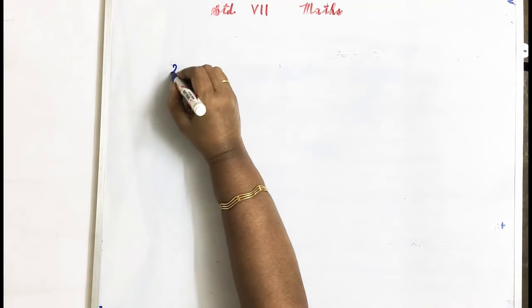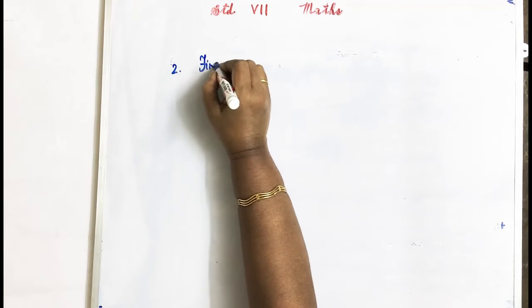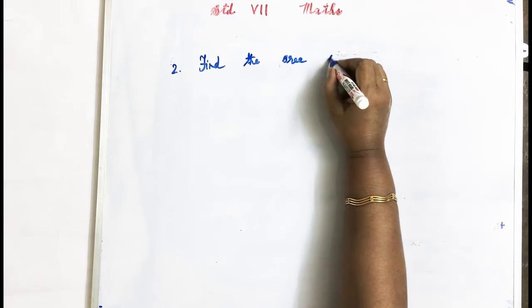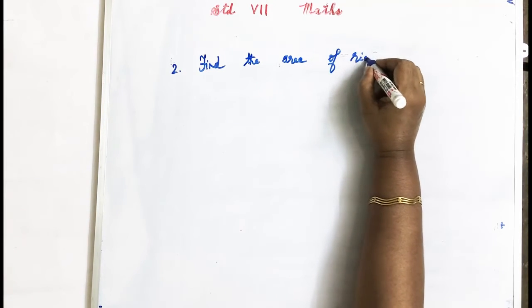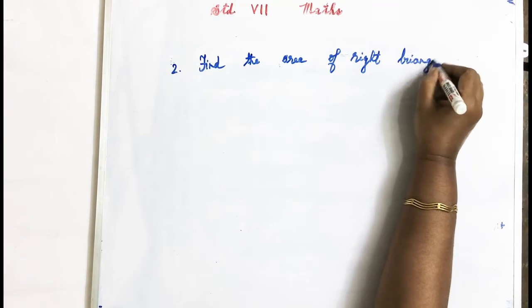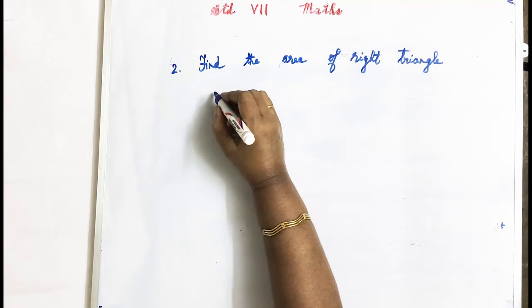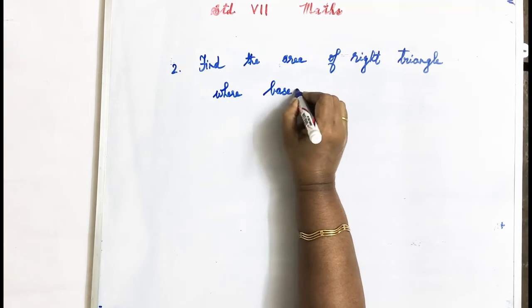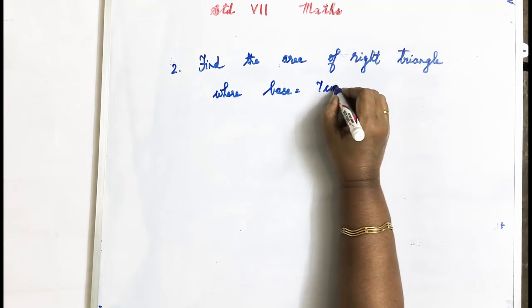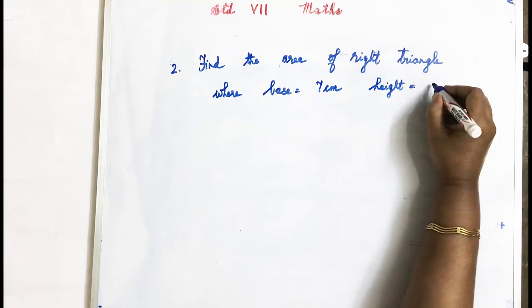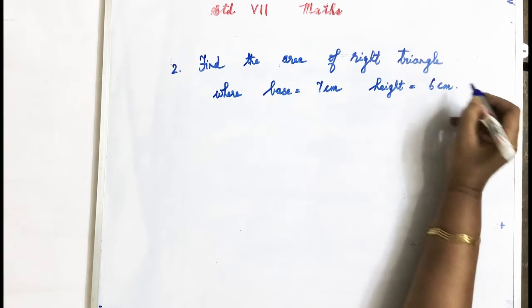Now second question, find the area of right triangle where base is equal to 7 centimeter and height is equal to 6 centimeter.